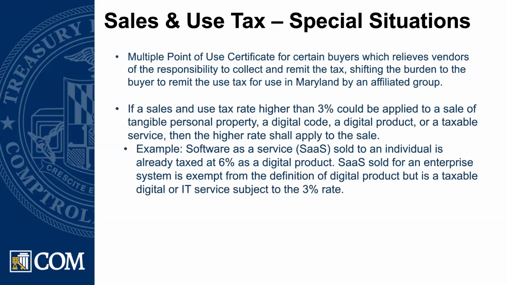The sales and use tax rate for adult use cannabis will increase from 9% to 12% effective July 1st. The bill also exempted the sale of cannabis between a licensed cannabis business and a registered cannabis nursery from Maryland sales and use tax.